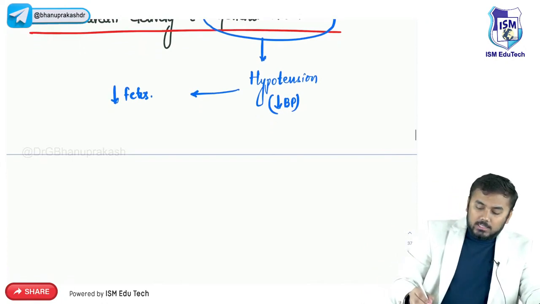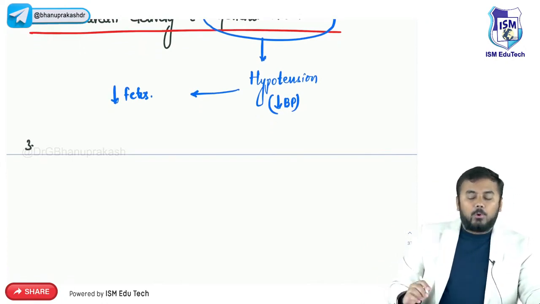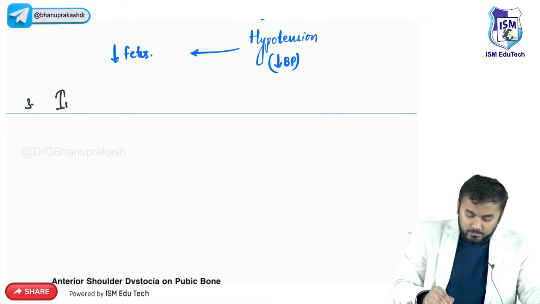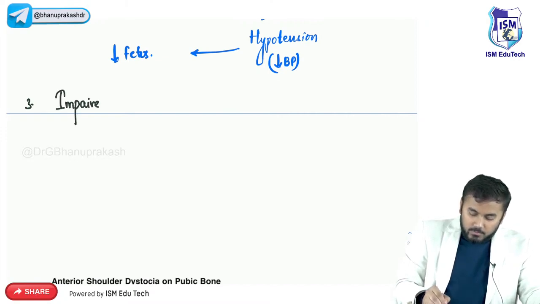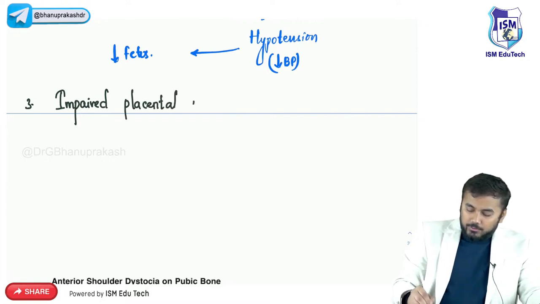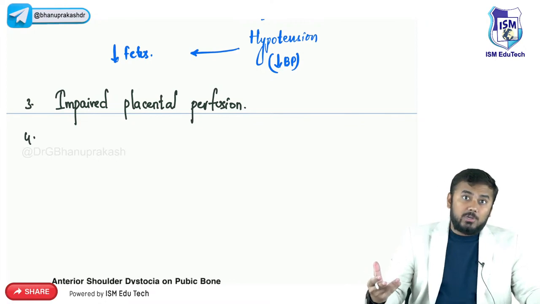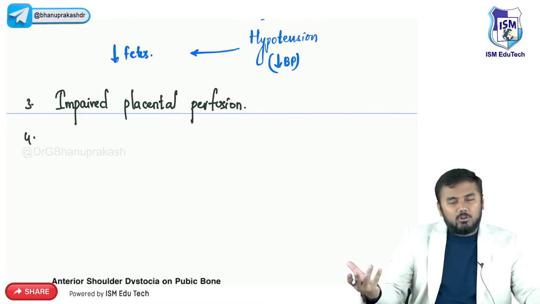Now, after this, the third important cause is impaired placental perfusion. Now, I don't want to explain this impaired placental perfusion, guys, because if there is any problem with the placenta, with the attachment of the placenta, obviously there will be decreased perfusion.